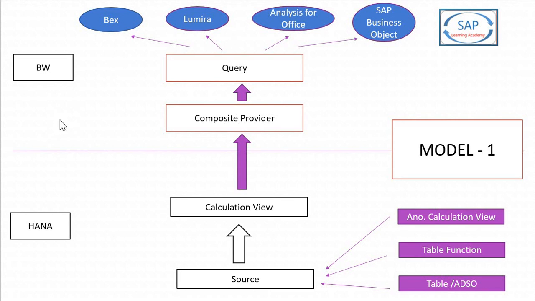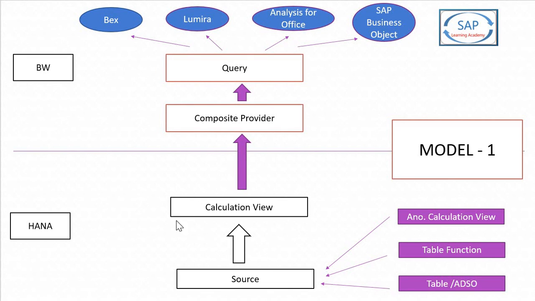Here you can see that I have segregated the whole flow into two parts, one with the objects that are mostly relevant to BW, and the other with the objects that are mostly relevant to HANA. So first we have to create the source of the data, and here we are creating a calculation view.